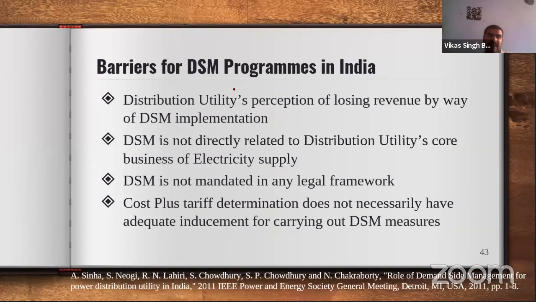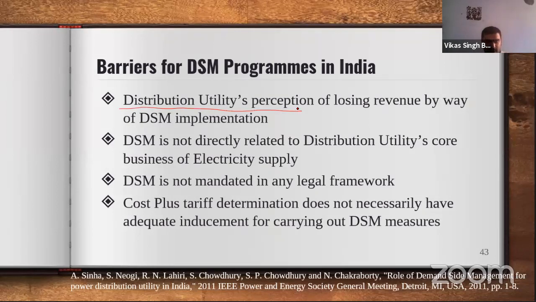Now, what are the barriers in demand side management programs? If DSM is beneficial for utilities, for customers, and for the environment also, then what are the barriers? One main barrier is the distribution utilities' perception.